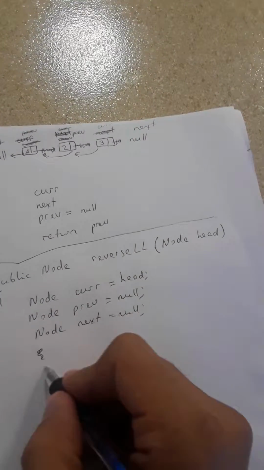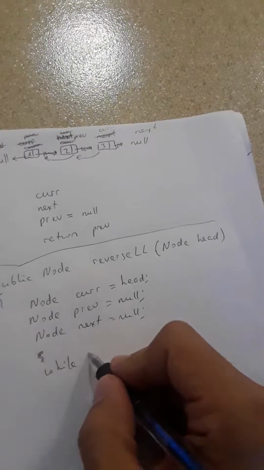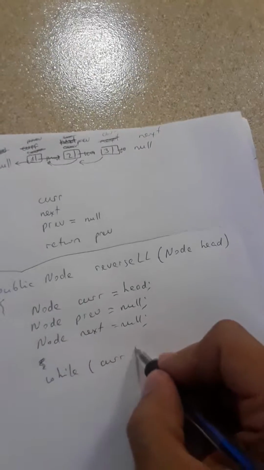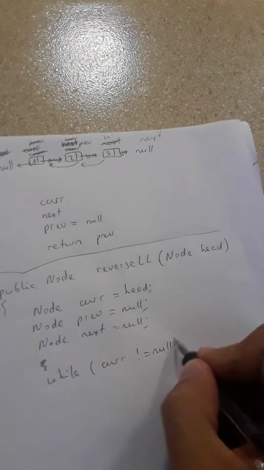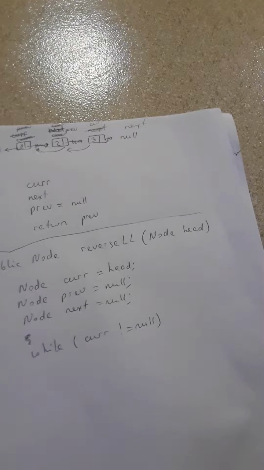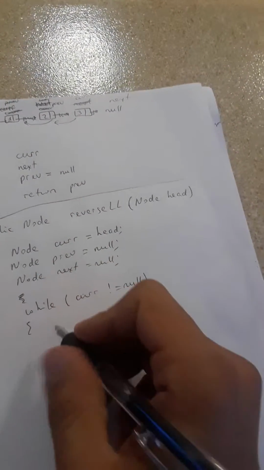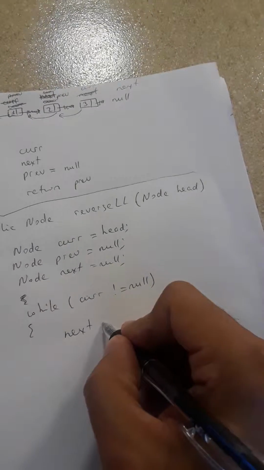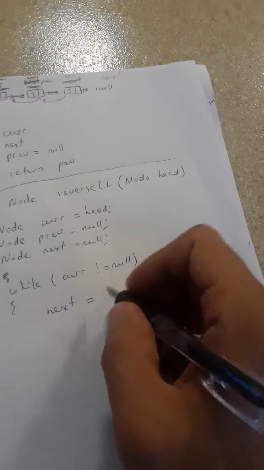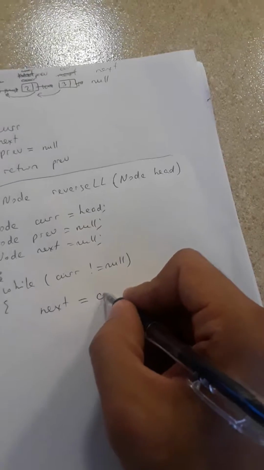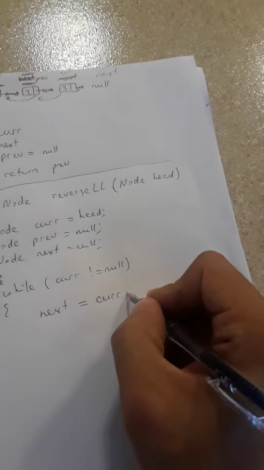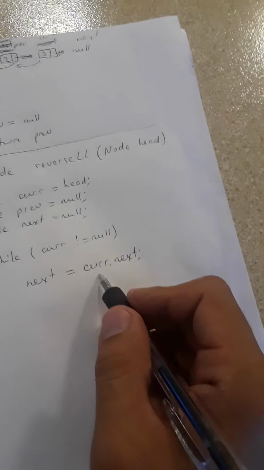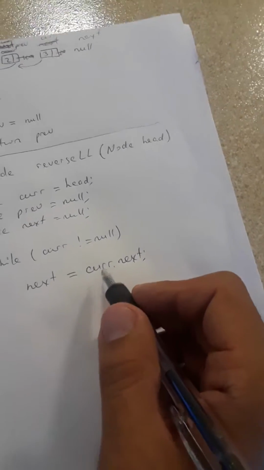After that we will run a while loop. We will use our current node to go through all nodes in the linked list. At the beginning I will define the next node as current next. So next will always be the node after current.